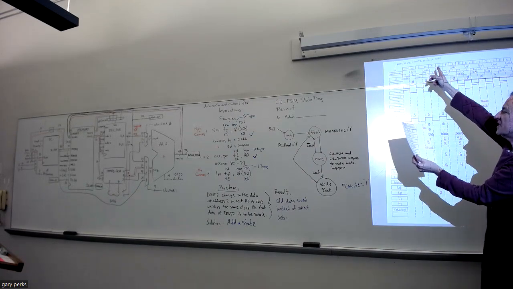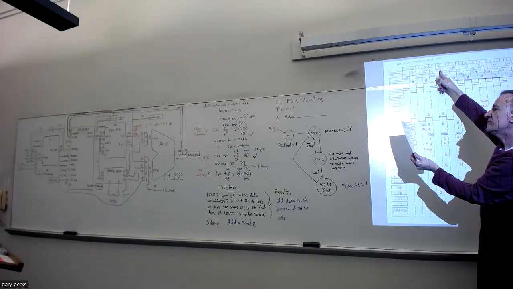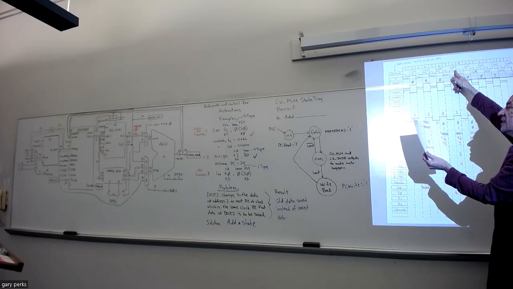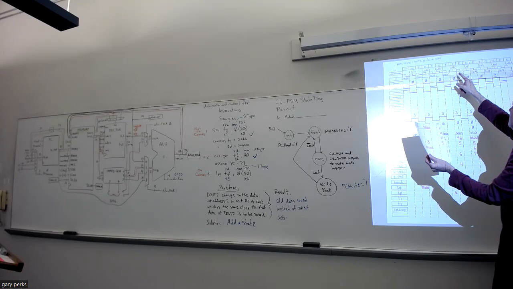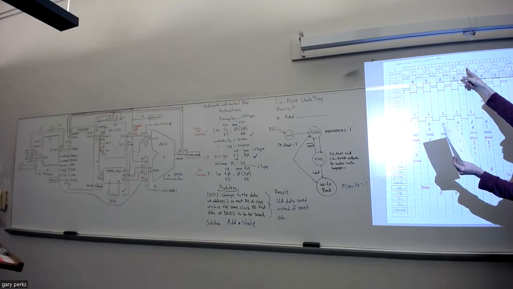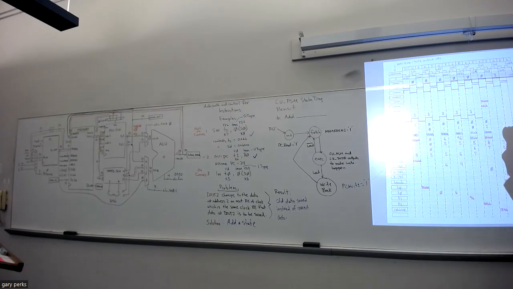In fact, some of them are the same, like LUI, ADI, SLLI. I don't have an SLT up here. You have exclusive OR where I have an OR, and you have branch if equal where I have branch if not equal. So some of the instructions are the same as in this example. Your registers and numbers might be different, but the instruction is the same.